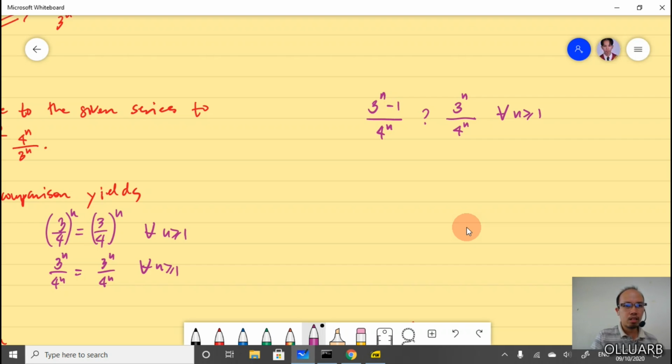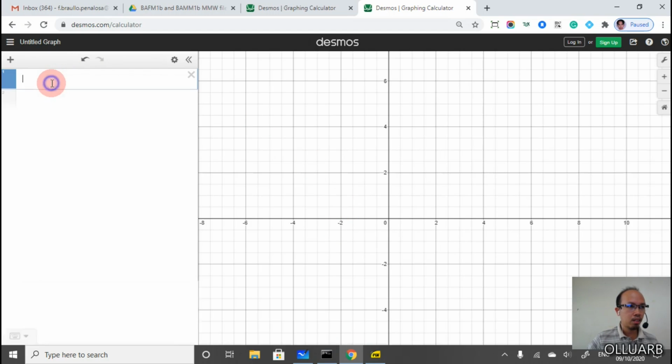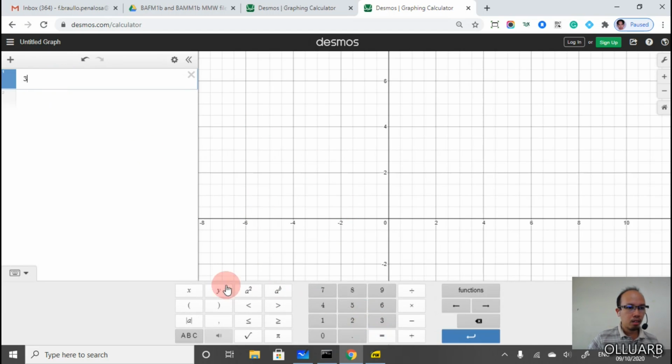Is the left hand side greater than the right hand side? Let's try to analyze that using a graph. Let's try 3 to the x. We use x here because the variable n is not permitted in the Desmos online graphing calculator.